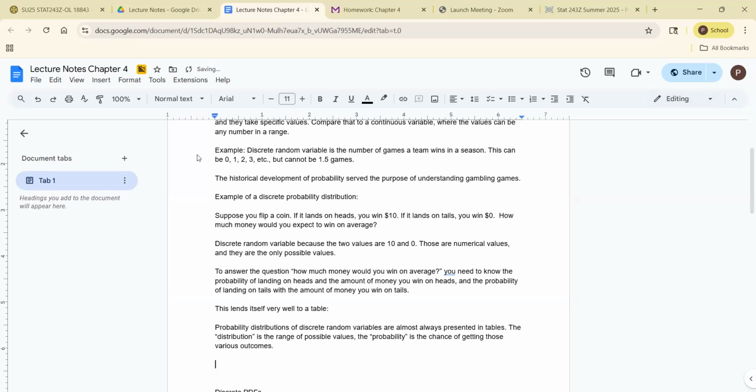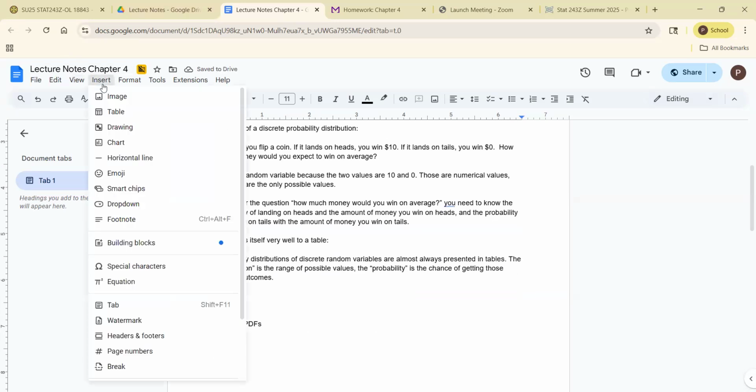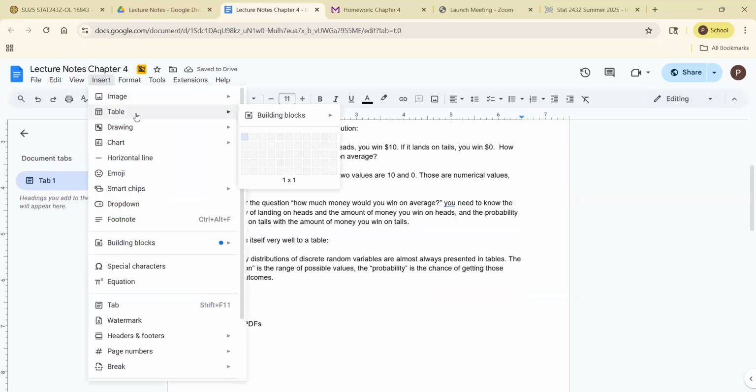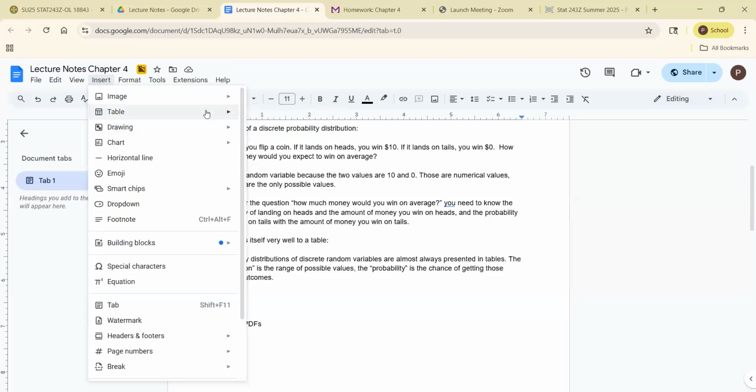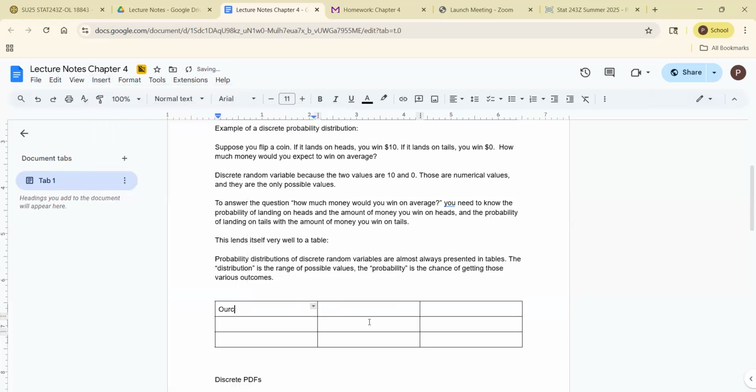So here's our table for this example. We're going to have the outcome here, heads or tails. We're going to have the value of the outcome here. So $10 for heads, $0 for tails, and the probability of the outcome here.